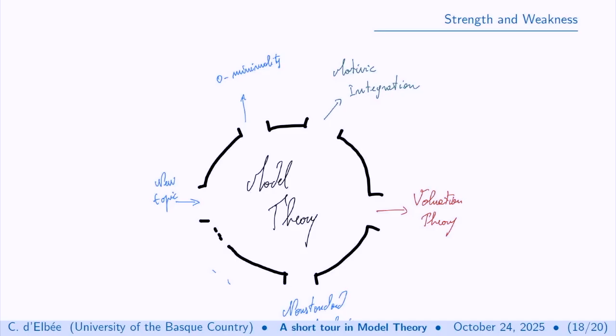That's exactly where continuous logic was invented, because first order logic is somehow discrete, and they wanted a continuous version to study examples in mathematics, like functional analysis, things that don't quite fit well with first order logic.